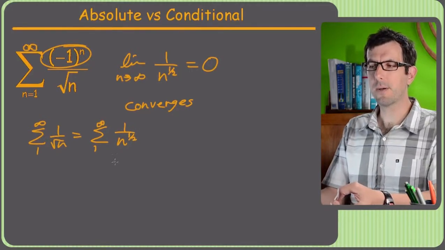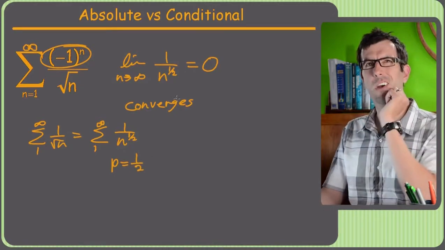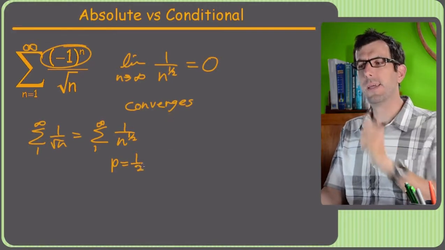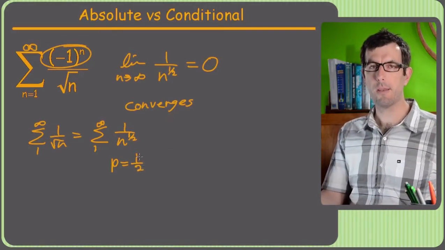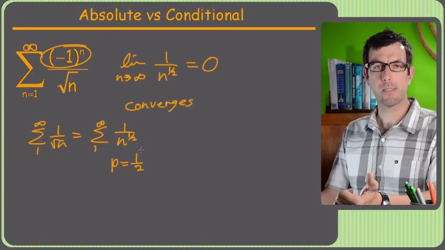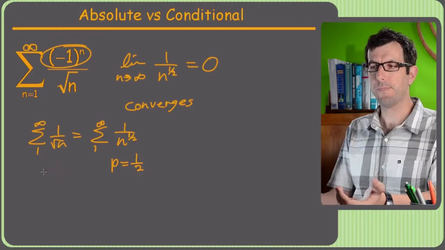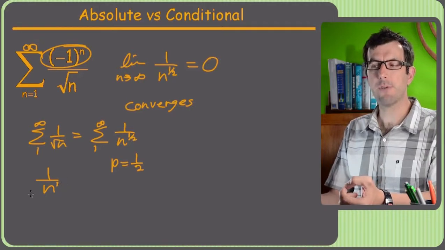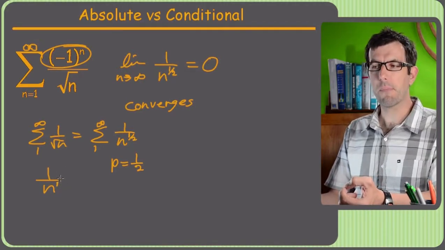And you'll see that that's a p-series with p equals 1/2. So now you just got to think to yourself, what was that p-series rule? And you remember that, oh yeah, p has to be bigger than 1 to converge. And the way to remember that is the harmonic series is when p equals 1. 1 over n is just 1 over n to the 1, so that's a p-series with p equals 1, and that diverges. And therefore anything smaller than that diverges.